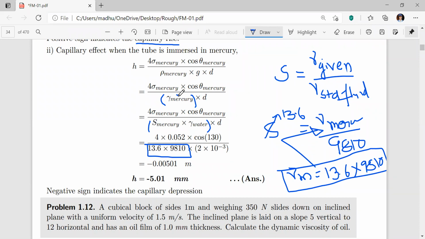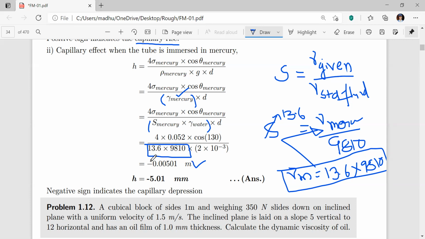So that's what I have written here, that is 13.6, the specific gravity of the mercury, multiplied by the weight density of the standard fluid 9810, into diameter 2 into 10 to the power of minus 3, which is equal to minus 0.00501 meter.